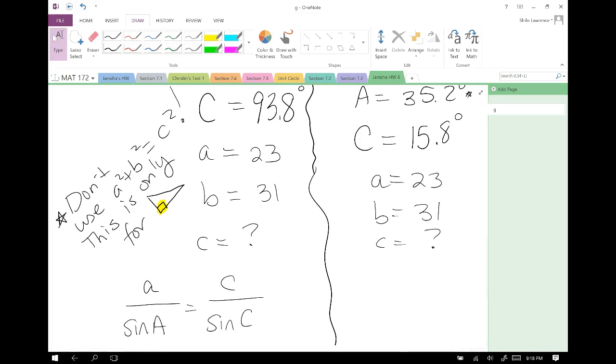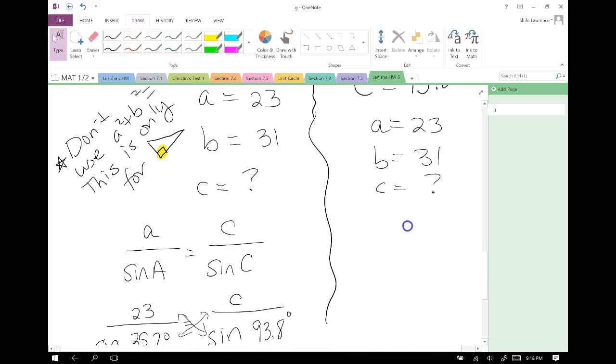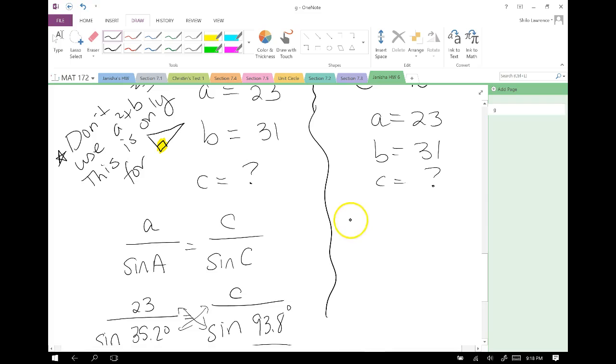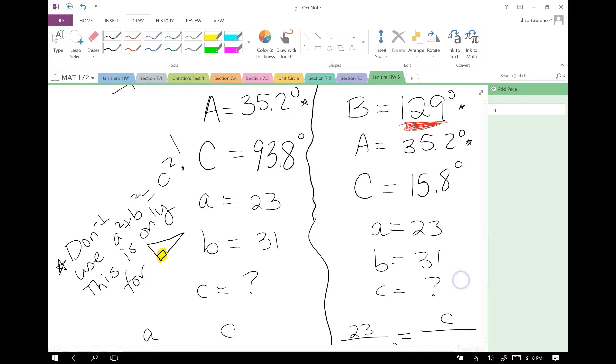And then there's another option for this triangle where C is really small, so we need to do this again. So 23 over sine of 35.2 equals little c over sine of, remember, it's possible that the B they gave us was a reference angle.